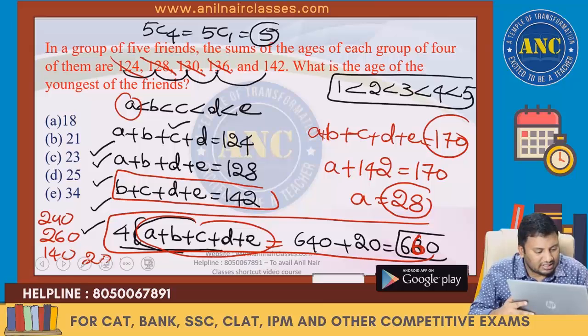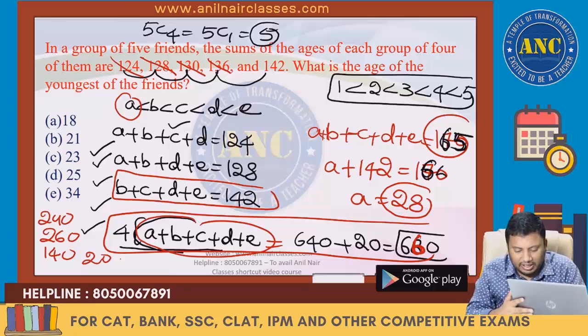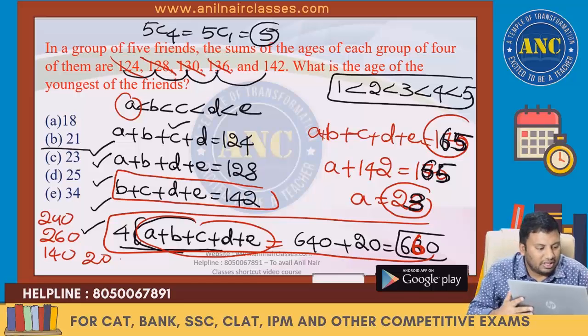If it is 660, what it will become? 165. I hope the mistake is clear. 142, A plus 142 is 165. A value is 23.